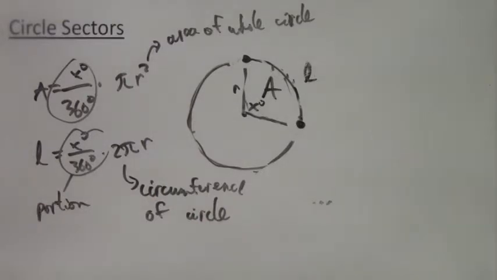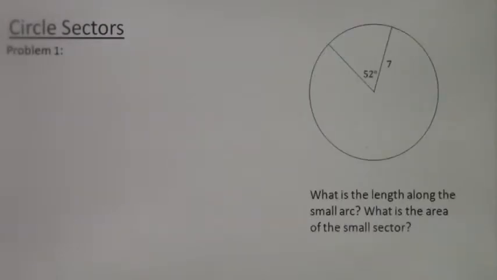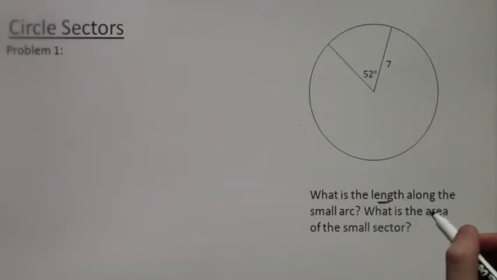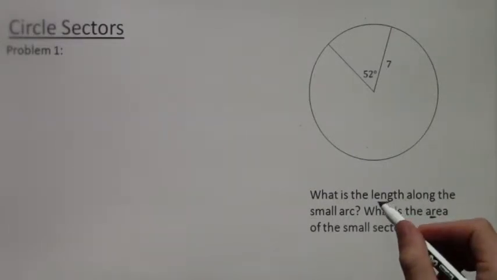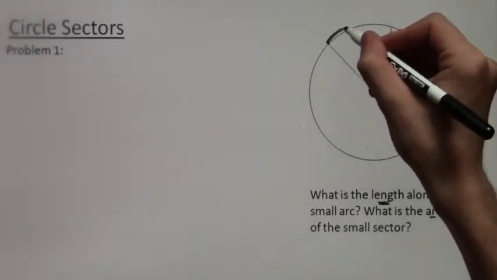So now we're going to do a few example problems with these formulas to make sure that we understand. What is the length along the small arc? What is the area of the small sector? So this is a very straightforward application of the formulas we just learned.